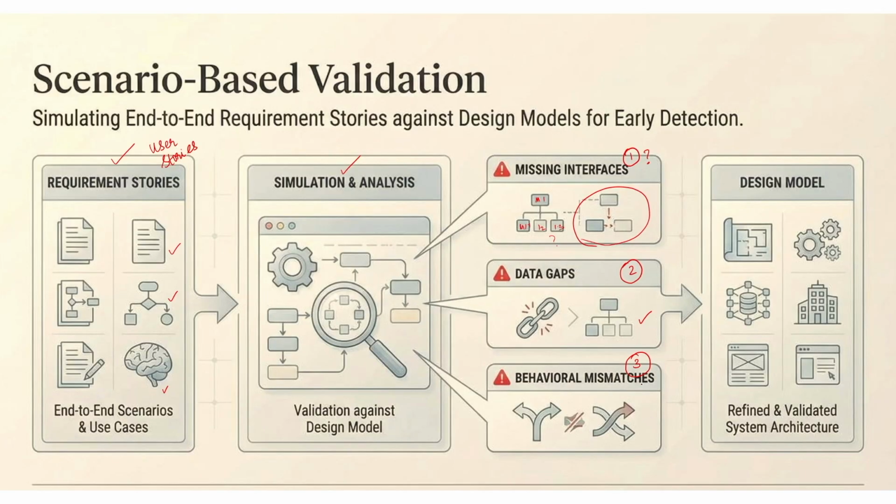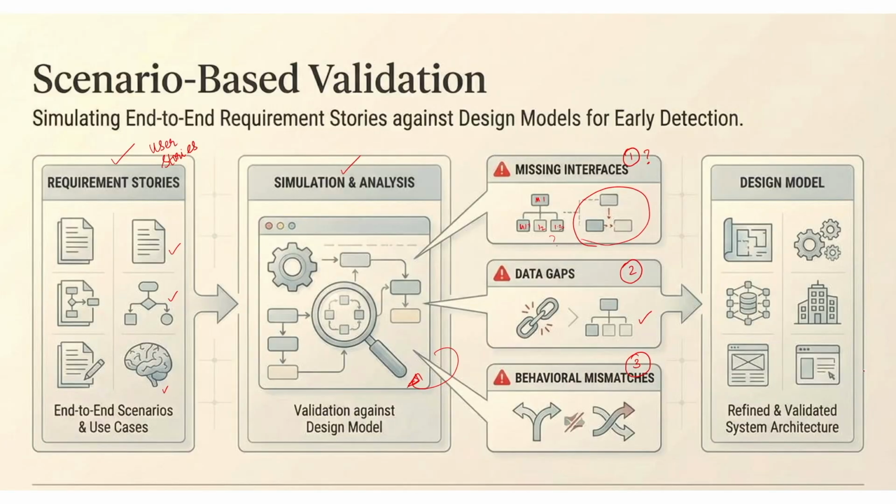When all these things are detected early, they can be validated, and obviously we have to redo the work with respect to design and implementation. Once everything is correctly validated and passed, you can go for converting it to your design models. This gives you a validated or refined system architecture with respect to design.